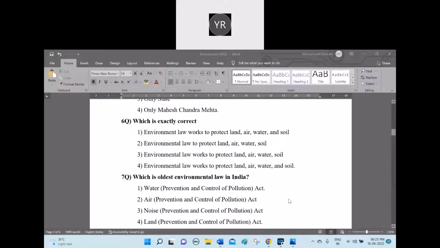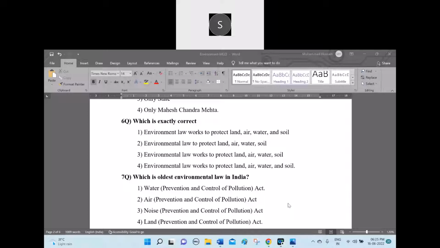Good, good. Seventh question. Read. Which is the oldest environmental law in India? Option 1, water, within the parenthesis, Prevention and Control of Pollution Act. Second option, air, Prevention and Control of Pollution Act.